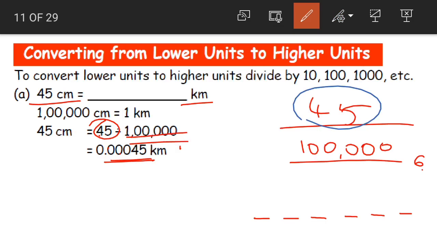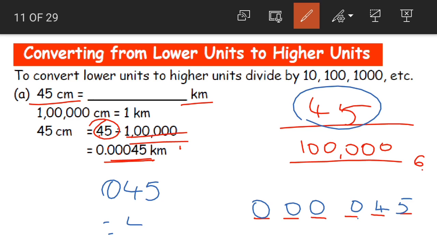Yes, these 2 digits 45 write at the last, and before 45 for the remaining empty spaces you write zeros. 0, 0, 0, 0, children. Why? Because see, when I place a 0 before 45, what will its value be? 45 only. But if I place the same 0 after 45, its value becomes 450. We don't want that. Yes, that is why we are placing zeros before the given numbers, not after the given digits.